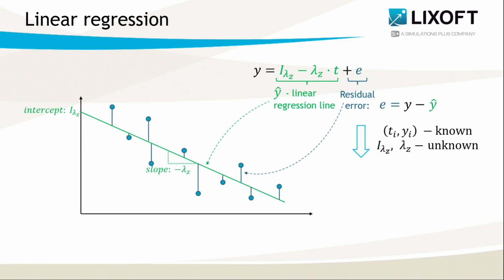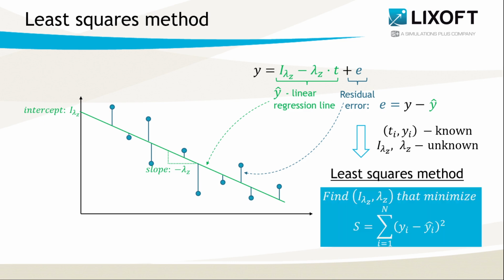The unknowns here are the slope of the regression line, lambda z, and the intercept. So we would like to optimize their values so that the regression line passes as close as possible to all data points. There are many methods to do this optimization, and one of them is the least squares method, which minimizes the sum of squares of the residuals.